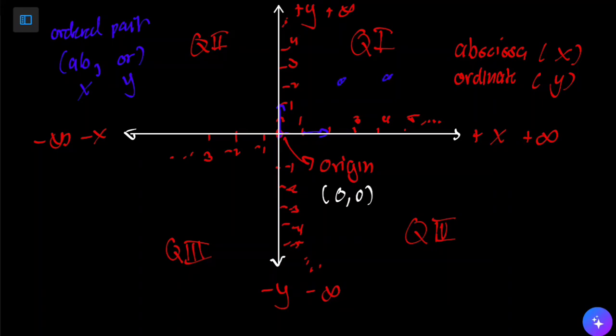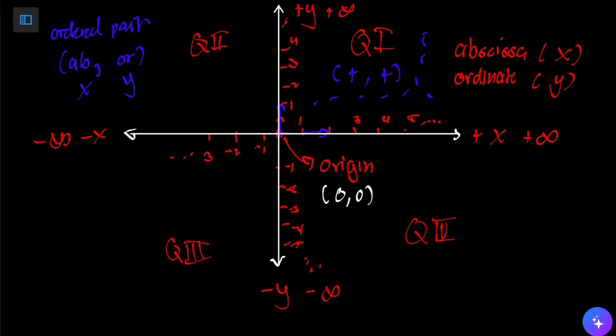All points located in quadrant 1 will be going towards the positive x direction and upwards towards the positive y direction, meaning the abscissa and ordinate pair for quadrant 1 will be positive and positive, because all points located here in the first quadrant are going towards the positive x direction and the positive y direction.